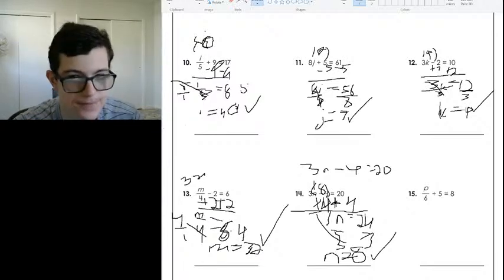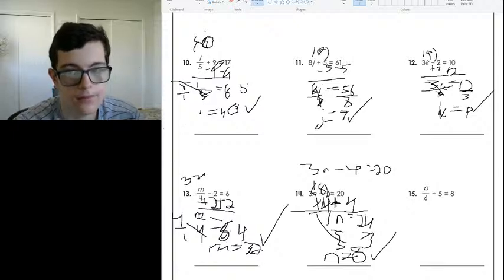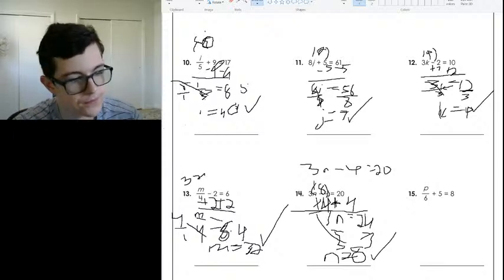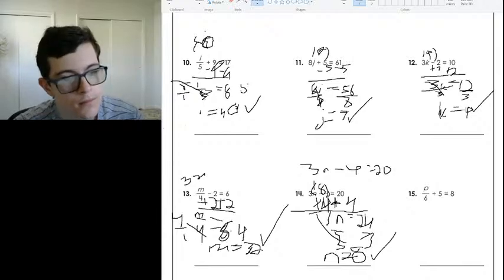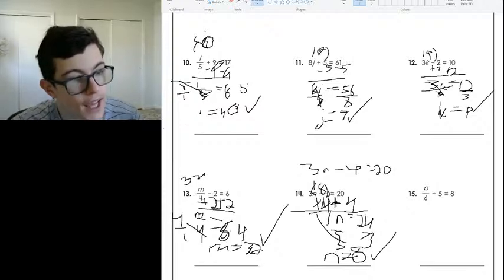The final problem. So moving on to our last and final problem.